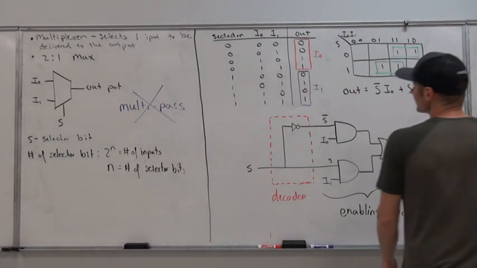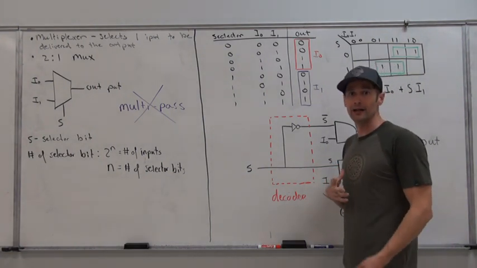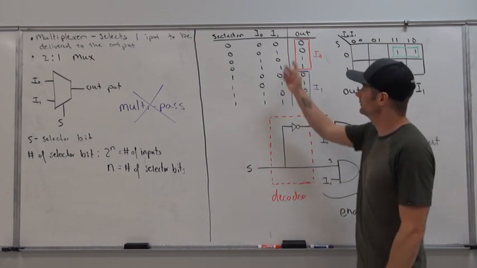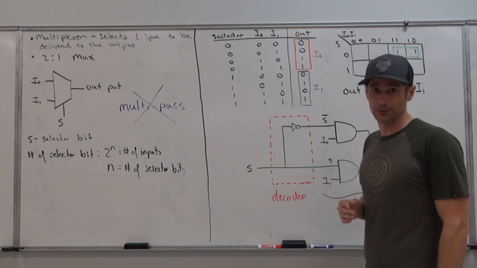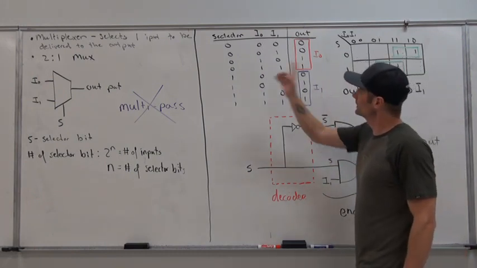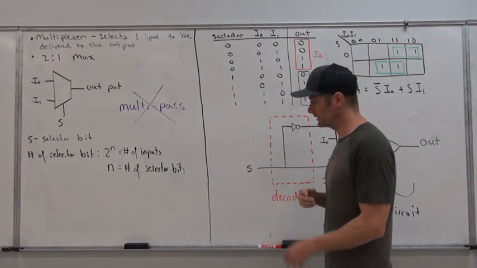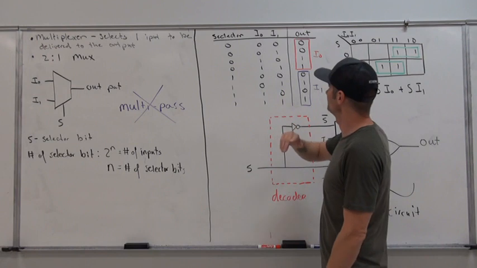All right, 3 inputs means we're going to have 2 to the third, or 8, possible combinations for which we could have an output. Here we have the selector bit, our first bit, which is going to be a 0 or a 1 for selecting I0 or I1.